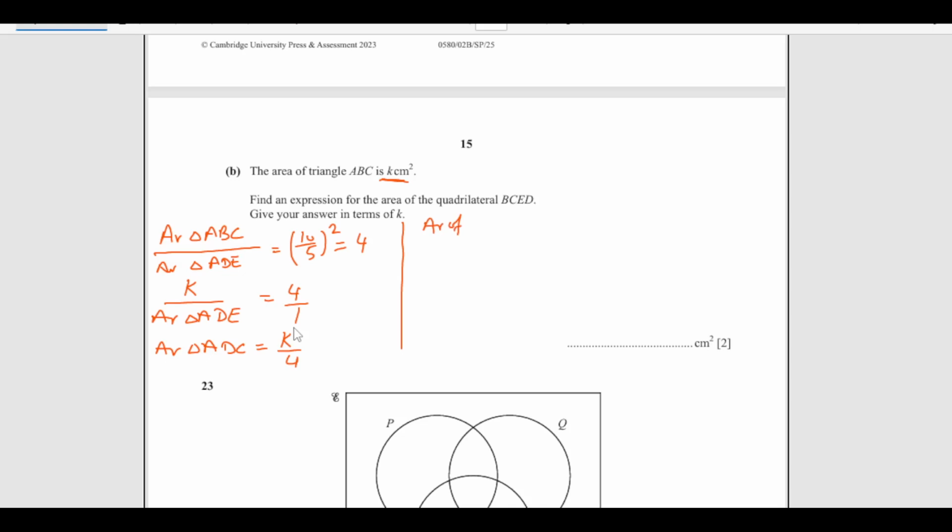Area of quadrilateral BCDE is equal to area of triangle ABC minus area of triangle ADE, right. Area of triangle ABC is given as K, minus what we have just calculated, K over 4. So this is 4K minus K by taking LCM, so this is 3K by 4. So the final answer is 3K over 4.